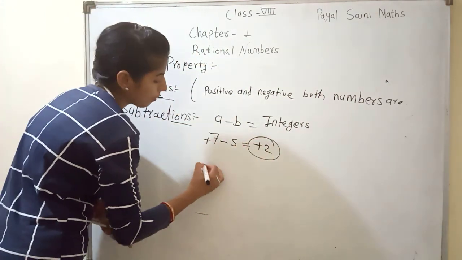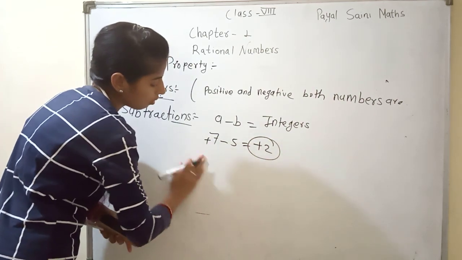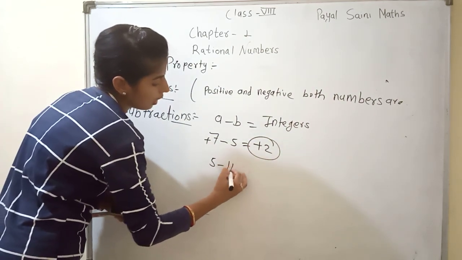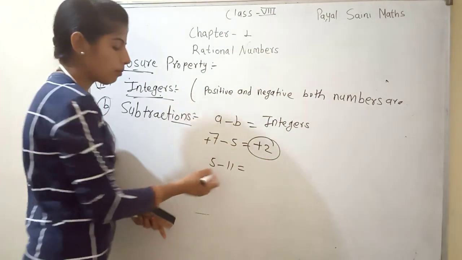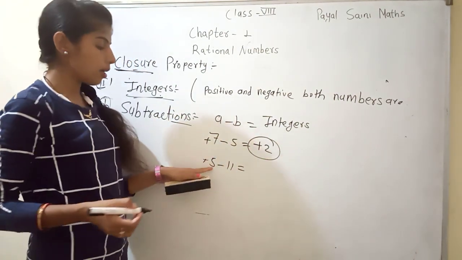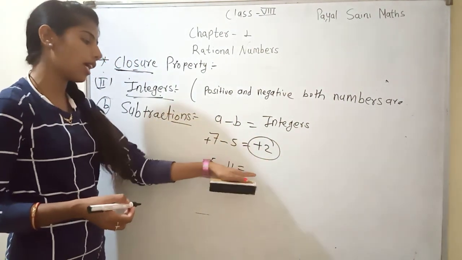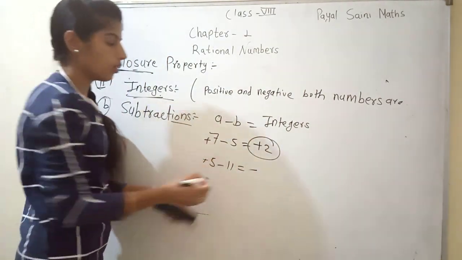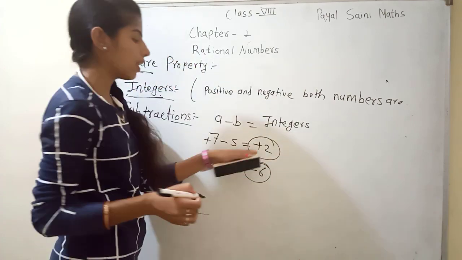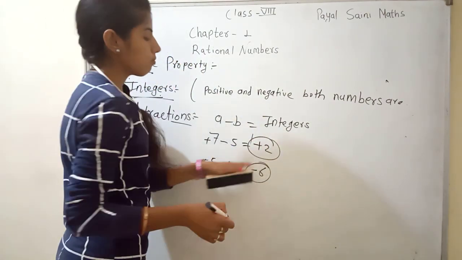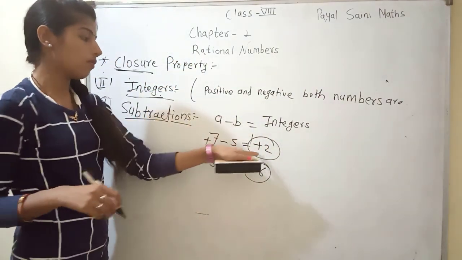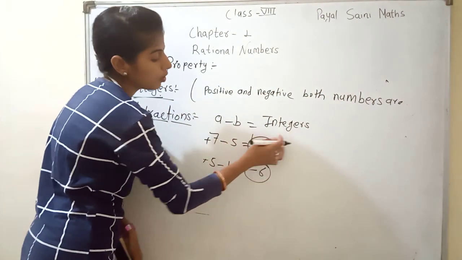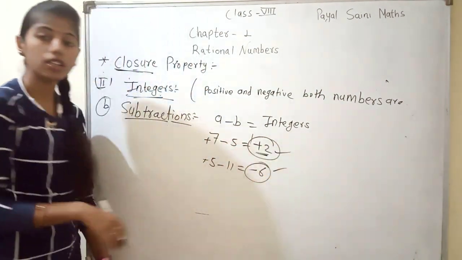If I write here 5 minus 11, then my answer should be, look here, the plus number is smaller than the minus number, so my answer should become minus, and 11 minus 5 is 6. Then we can see in your subtraction, both answers should become integers.